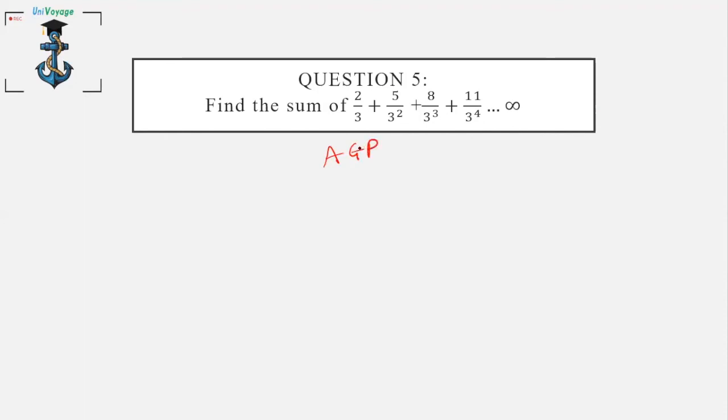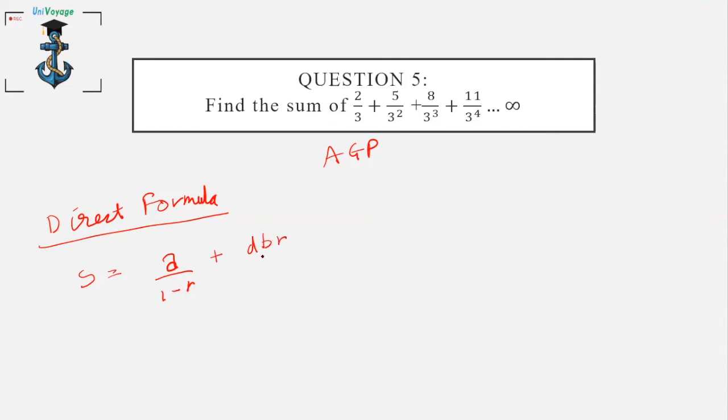So the direct formula for AGP series is the sum would be equal to the first term, let's call it A, upon 1 minus R, where R here is the common ratio, plus B D R upon 1 minus R square.